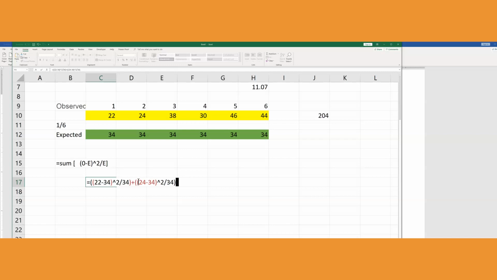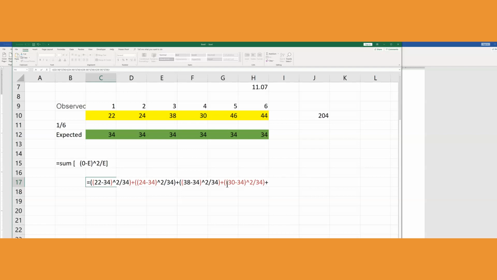Then I could continue to do that: 38 minus 34 raised to the second power divided by 34. Make sure that the parentheses are correct. And again, 30 minus 34, raised to the second power, the caret sign is the power, divided by 34, and the whole thing is going to be plus.